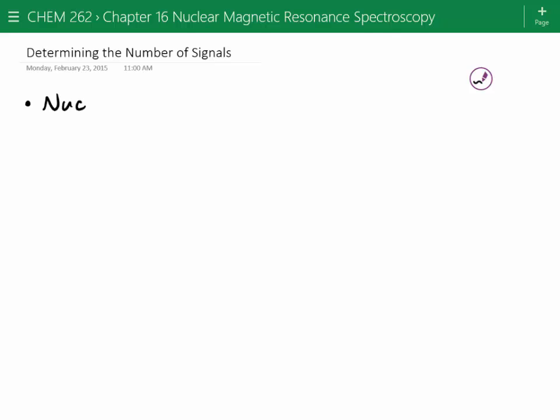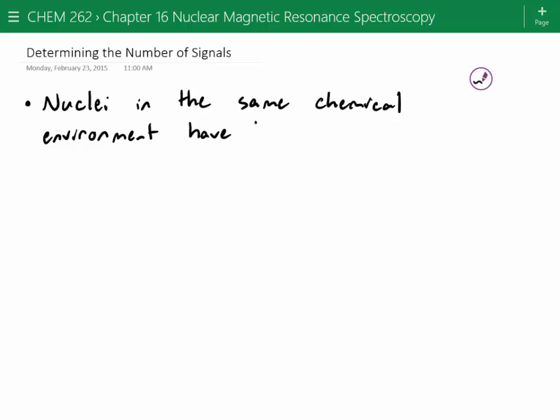So the first thing is that nuclei in the same chemical environment have the same resonance frequency.